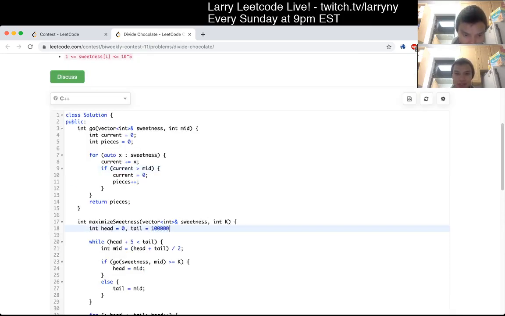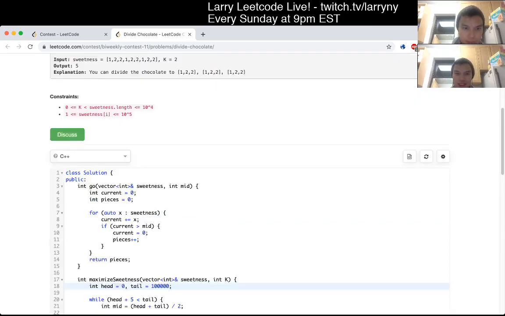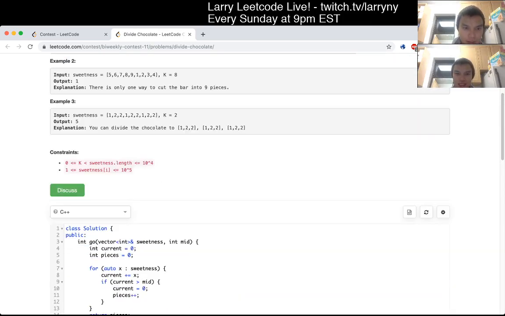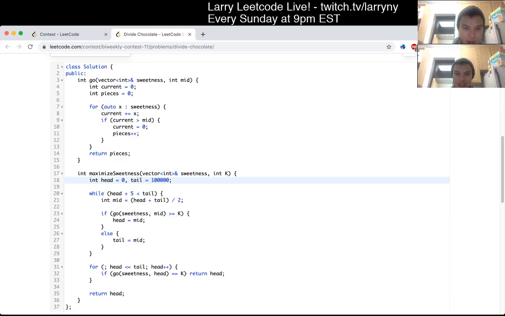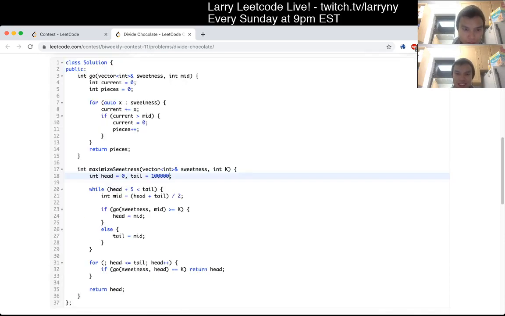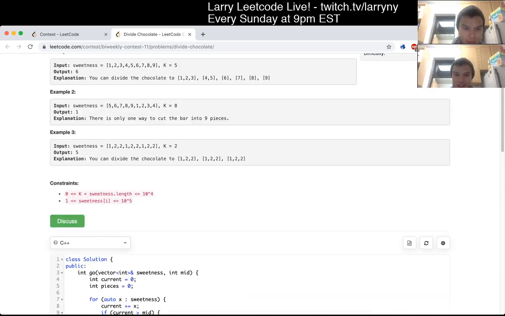Now here I'm trying to find the bound, and I think I saw 10 to the 4th and 10 to the 5th. The 10 to the 4th elements, each of them going to be 10 to the 5th. So I was like, 100,000 is actually not going to cut it. So I made it a billion.